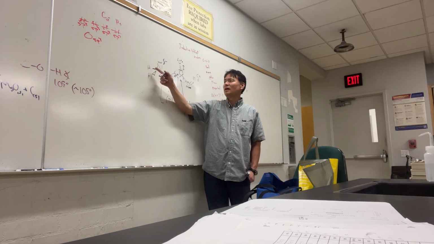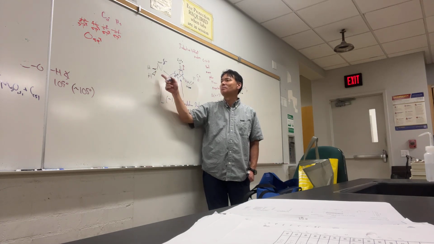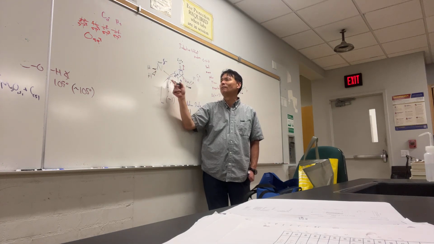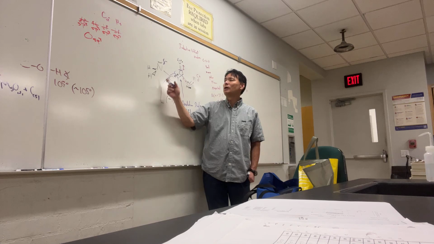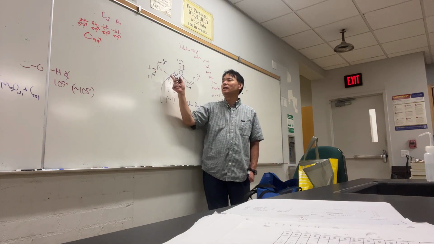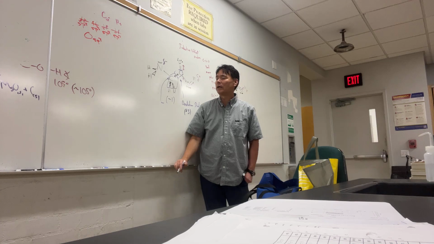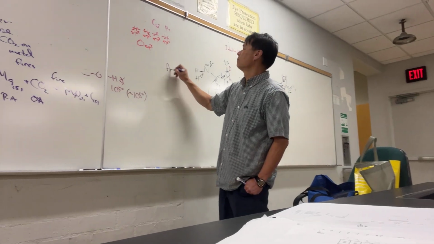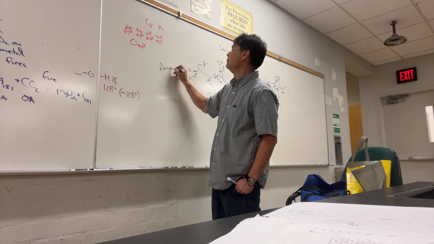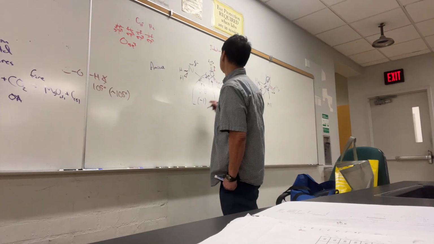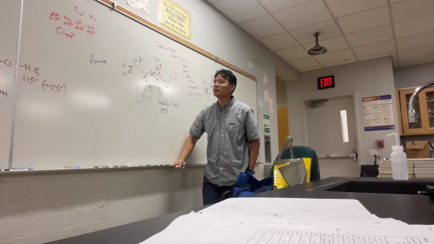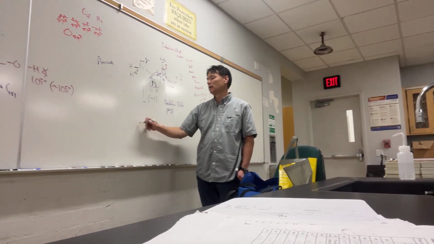And so this is about the same basicity as ammonia because the differences in electronegativity are kind of small. Rather than calling these ammonia-like, we just call them amines. Amines are organic bases. And so we have an amine on the left and a carboxylic acid on the right, and we call this an amino acid.